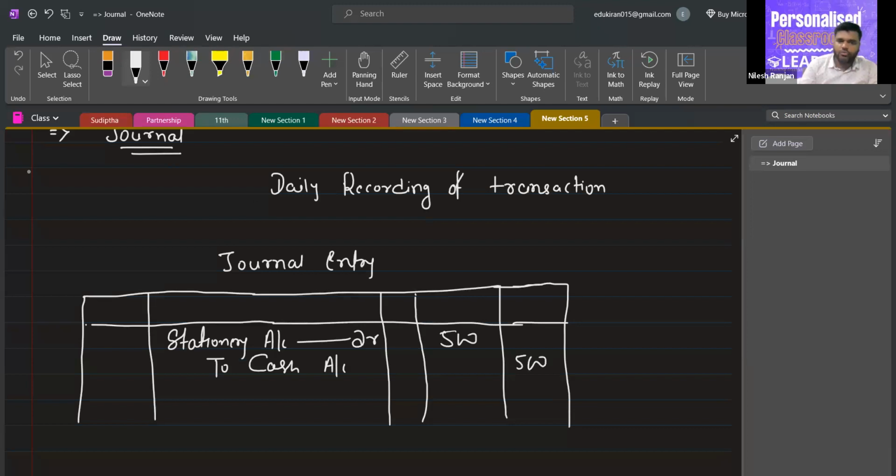So we will understand how to pass a journal entry. I will show you by solving one question for this. I'm just giving you a brief so that you understand what is debit, what is credit.